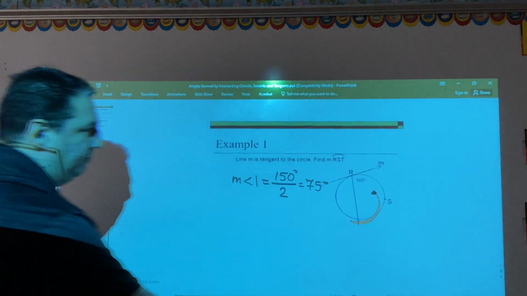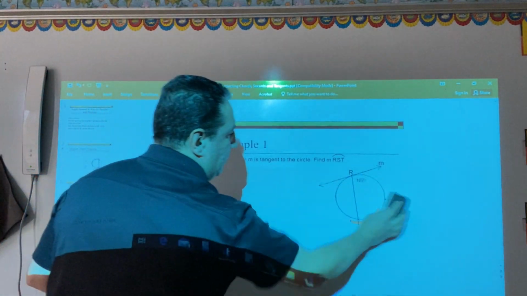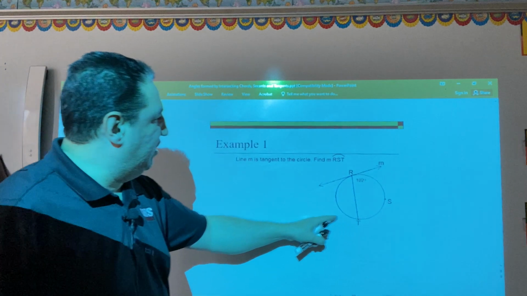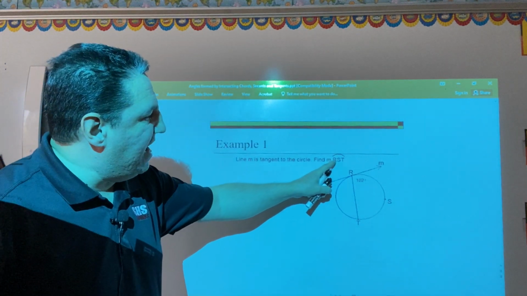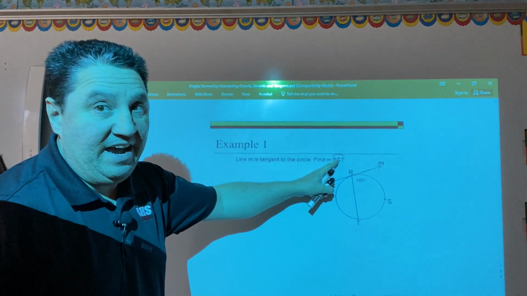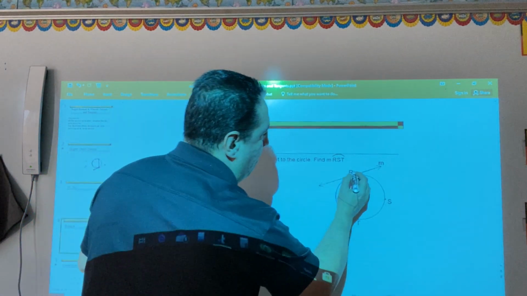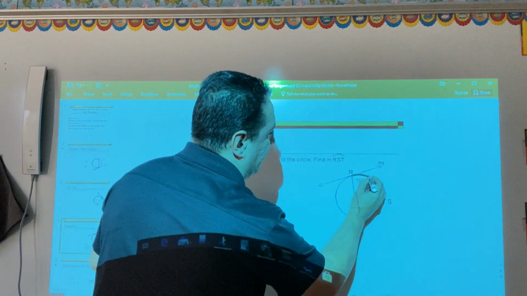Another case. It says line M is tangent to the circle. Find the measure of arc RST this time.